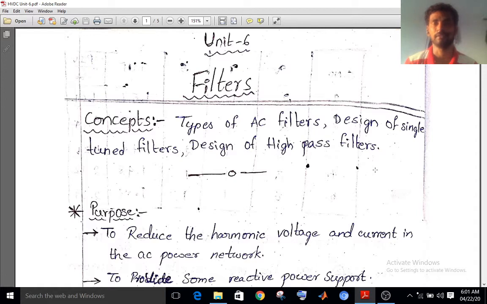So in order to reduce the harmonic content, we need to place filters in the HVDC transmission system.